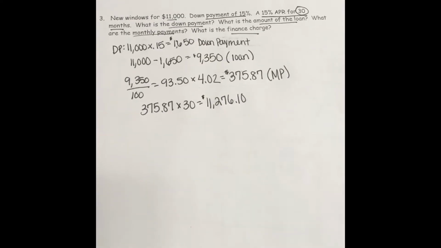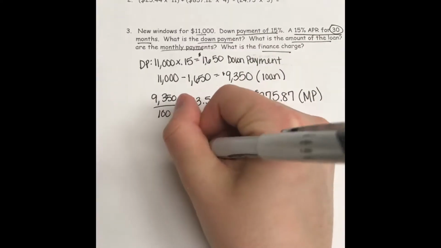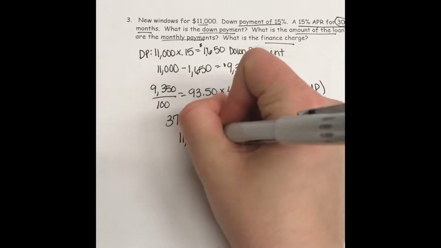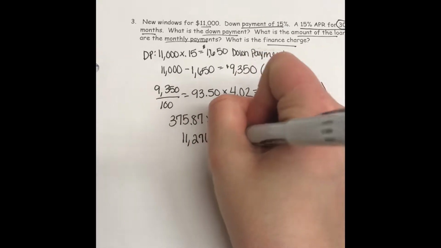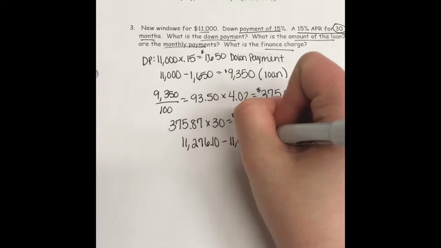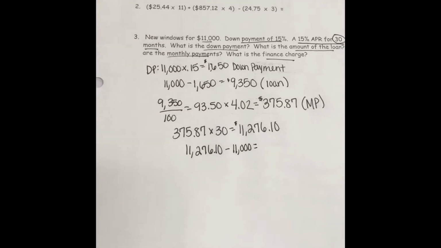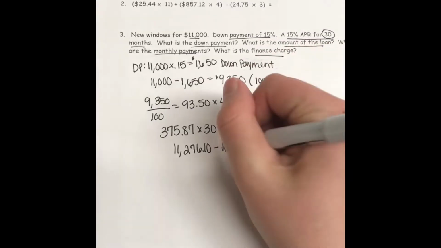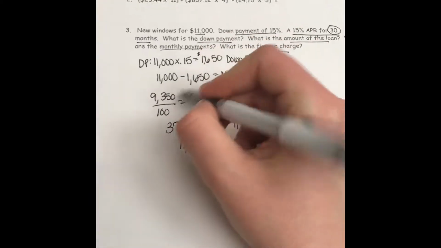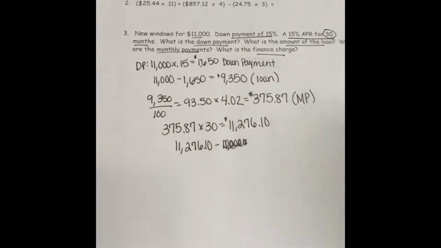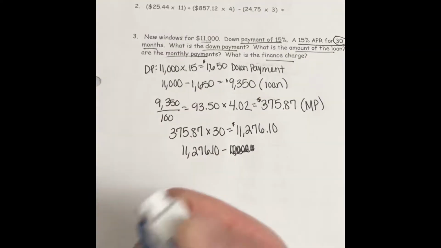Once I have that, I'm going to take the $11,276.10 and subtract out the $11,000 for the loan. Except I'm not going to subtract out the $11,000, Miss O made a boo-boo. We're actually going to subtract that $9,350.